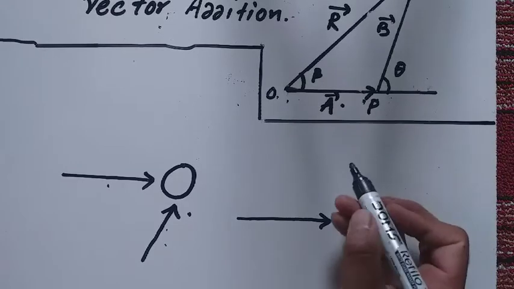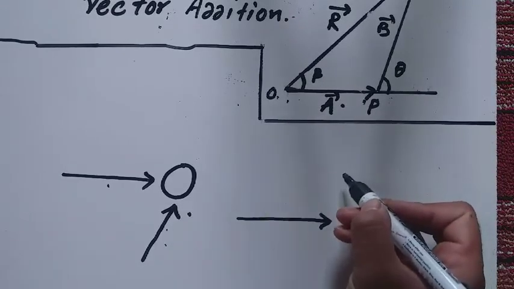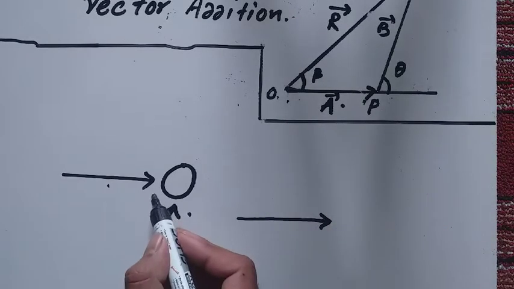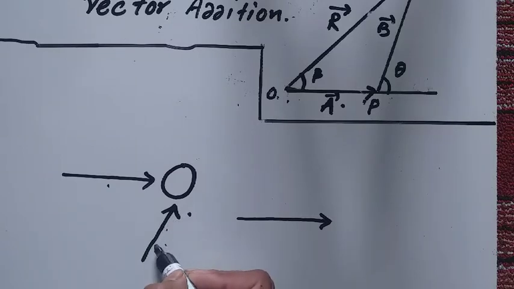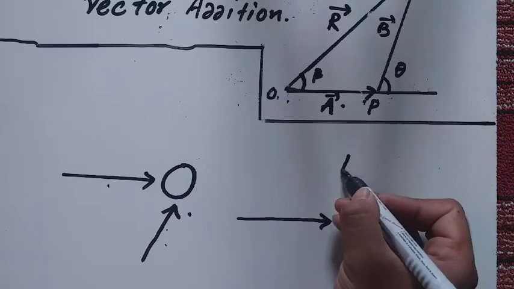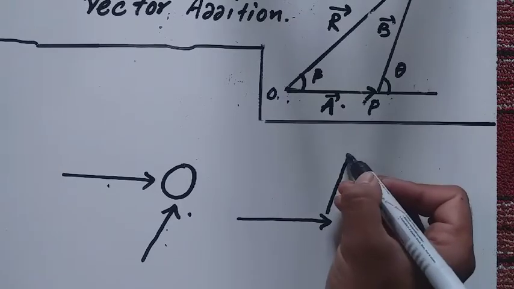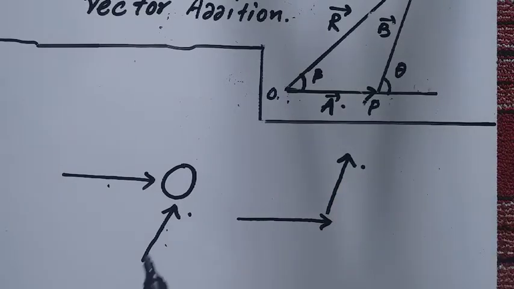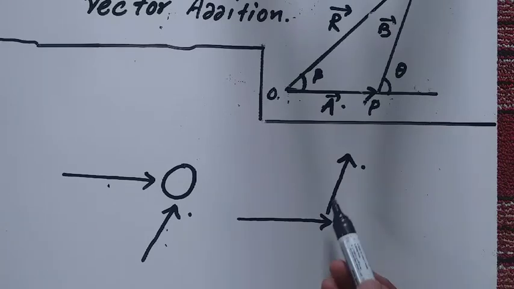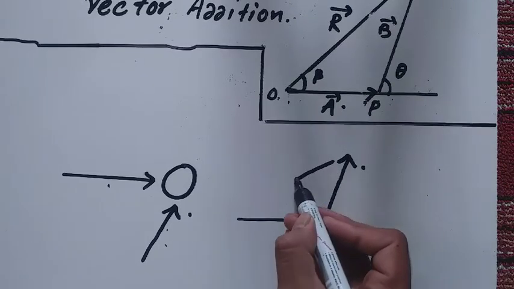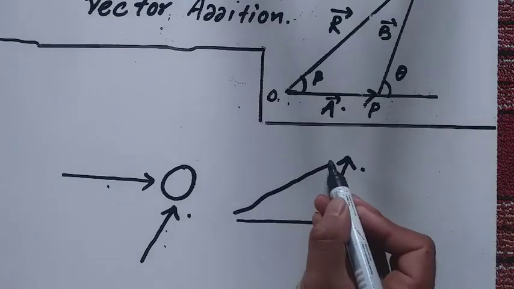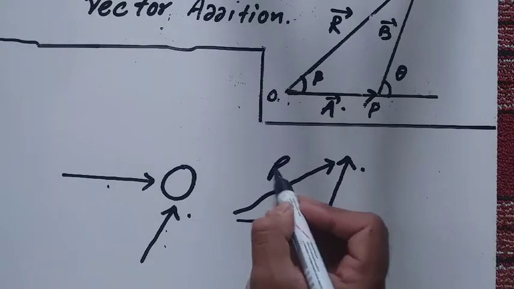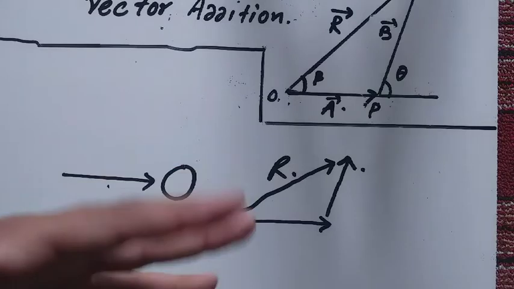Now, let me add these, and always remember, add the tail of the second vector with the head of the first vector. In the triangular law of vector addition, you must remember this. This law tells us that when you have these two vectors, the third side of this triangle, if you make this triangle, will give you the resultant magnitude as well as direction.